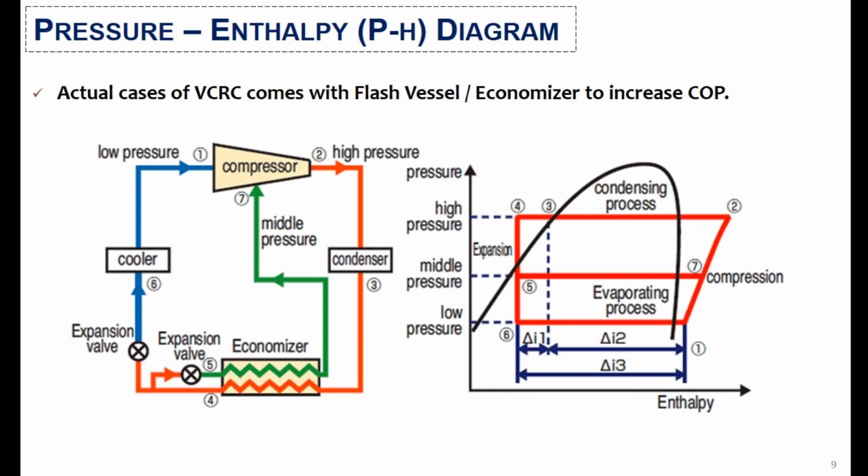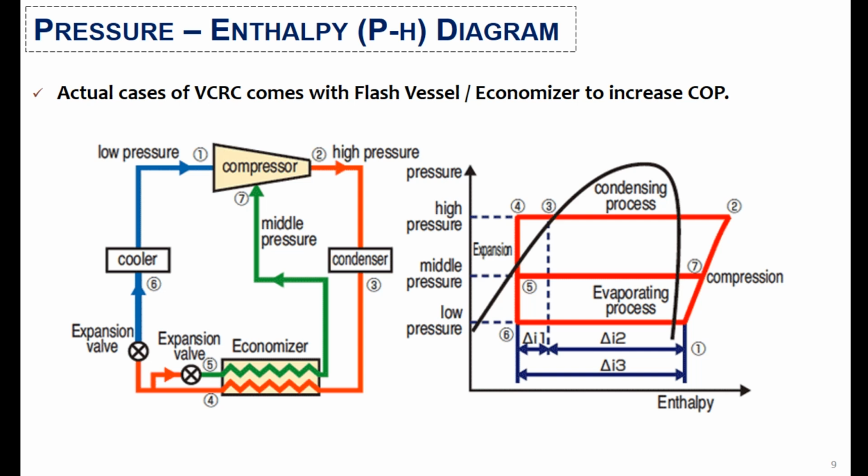separates the vapors from the subcooled liquid after flashing, and these vapors are at a middle pressure, which is in between the high pressure and the low pressure, and the energy of these vapors in the form of enthalpy can be utilized as an intermediate stage for the compressor, and it increases the efficiency of the compressor.